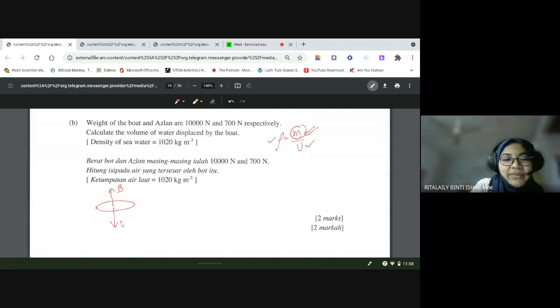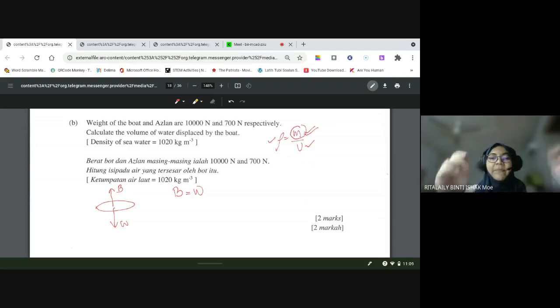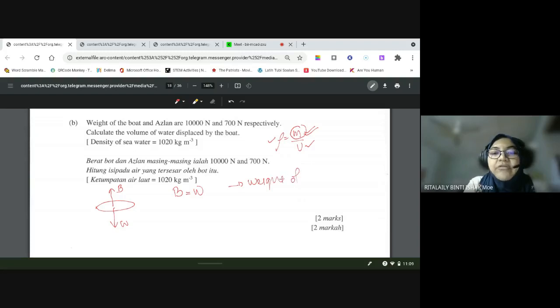Okay, so here, buoyant force is equals to the weight of Azlan and the boat. Sebab dekat atas air tu ada Azlan dengan boat. Okay. Buoyant force, dia punya formula ataupun buoyant force kita boleh kata sama dengan weight of water displaced. Itu adalah definition of buoyant force.